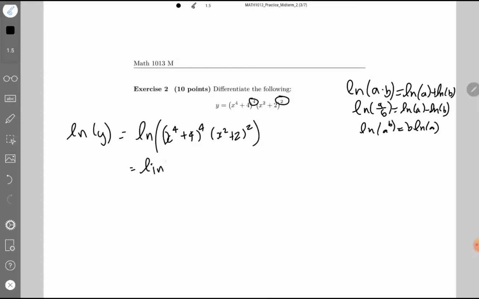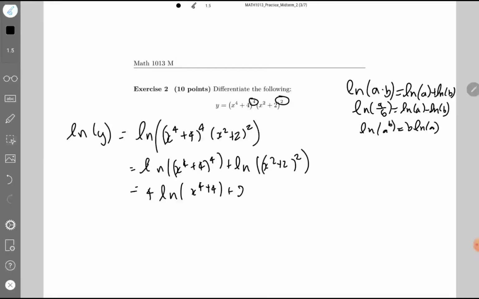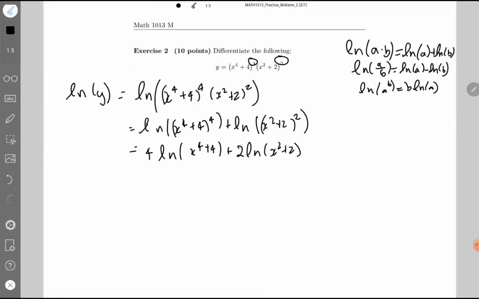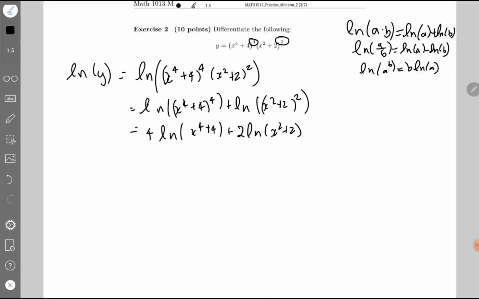So this I can break down into ln of (x^4 + 4)^4 plus ln of (x^2 + 2)^2. So here I have 4 ln of x^4 plus 4, plus 2 ln of x^2 plus 2. And I can't do any more, right? I can't separate addition. So that's it.